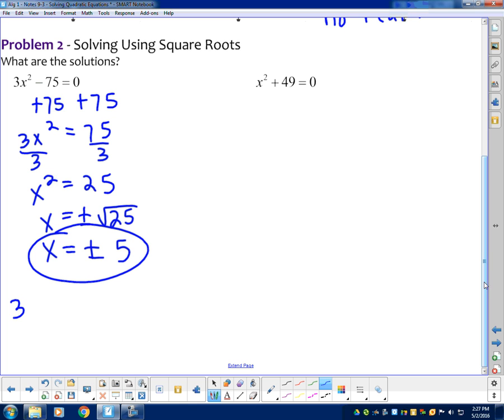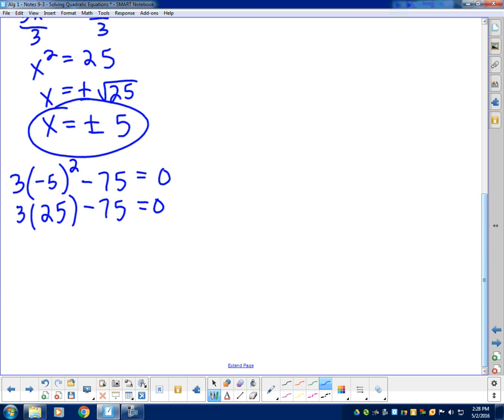To demonstrate this, let's plug in negative 5, for example, for x. I would square negative 5, which is positive 25. Then I'm going to multiply it by 3. And you'll see that I get 0 on the left and 0 on the right. So that's my check.